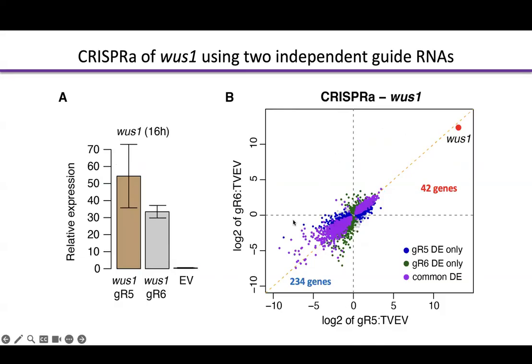Interestingly, we found that the differentially expressed genes mainly clustered in the downregulated part, including 234 genes, whereas 42 genes were upregulated by CRISPRa WUSCHEL1, which is consistent with the former report about WUSCHEL1 function.